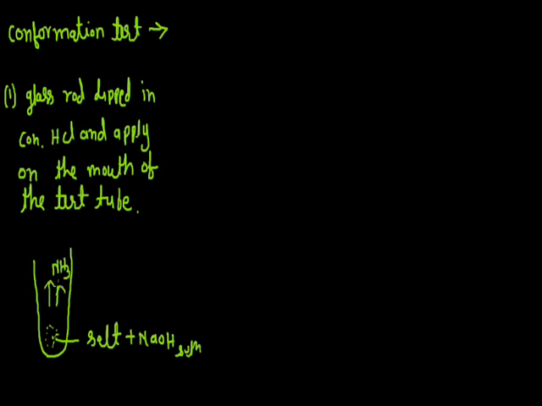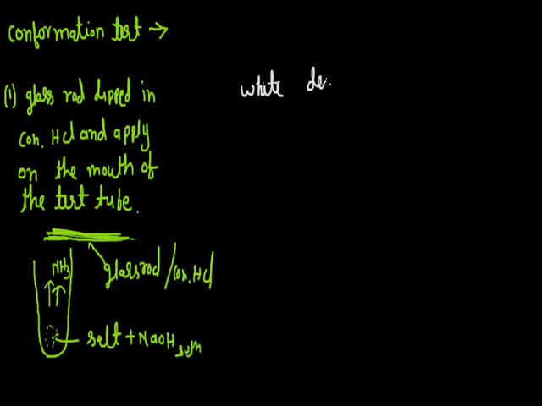This is the ammonia, and we take a glass rod. This one is the glass rod which is already dipped in concentrated HCl solution. The observation is white dense fumes of NH4Cl.